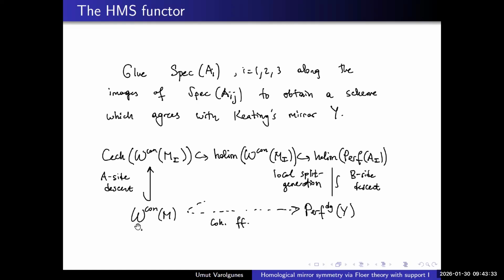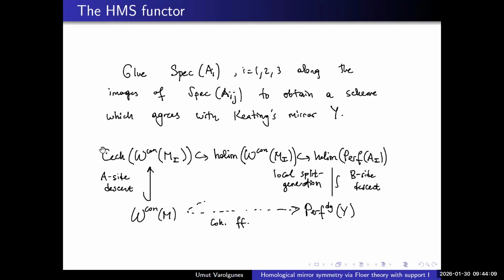So first you have this M's wrapped Fukaya category, and you have the wrapped Fukaya categories of these pieces, and you take some Čech construction. Well, I think you know what Čech construction is, and you have to check that this actually can be extended to give you an A infinity category. So morphisms use the Čech construction.